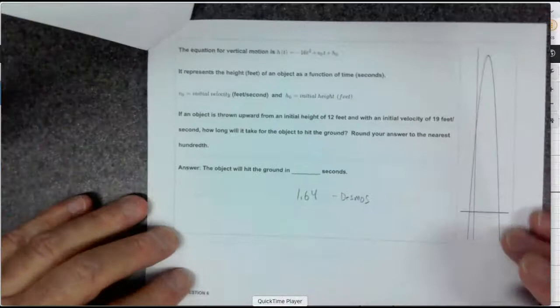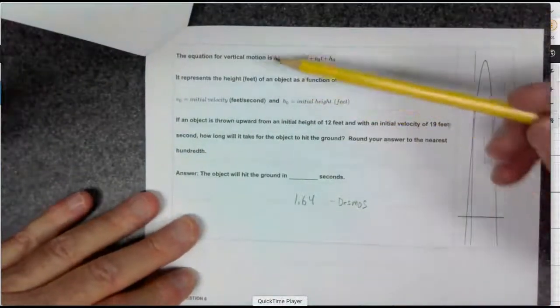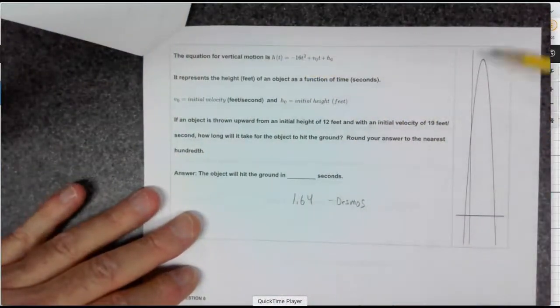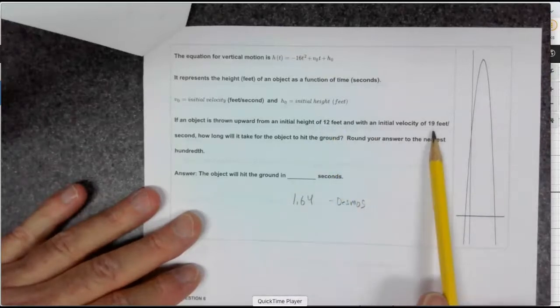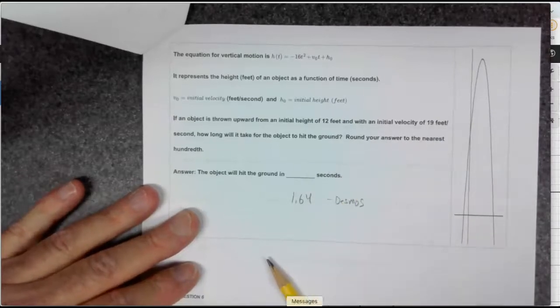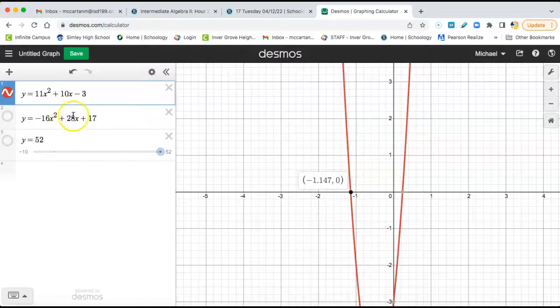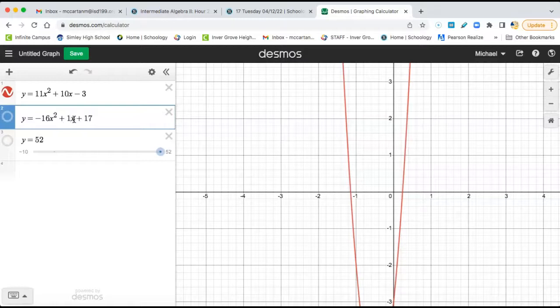The next one again is the projectile or vertical motion. This one will be launch again, initial height of 12 feet, initial velocity of 19. How long till it hits the ground? Let's go back to Desmos. The initial velocity was 19. And the initial height was 12.